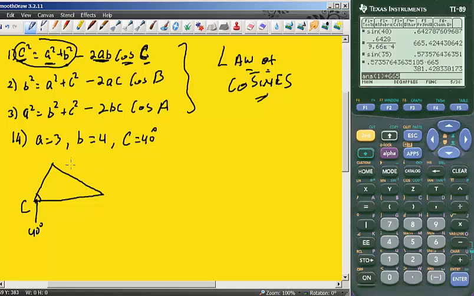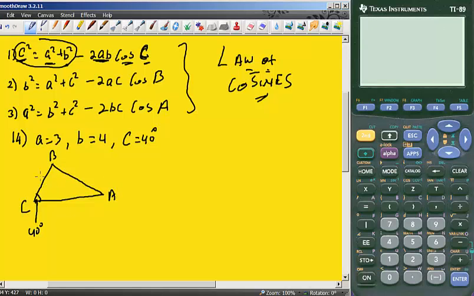It doesn't matter where I put A, B, and C, it's not drawn to scale. A happens to be 3, B is 4, and we don't know what side c is.